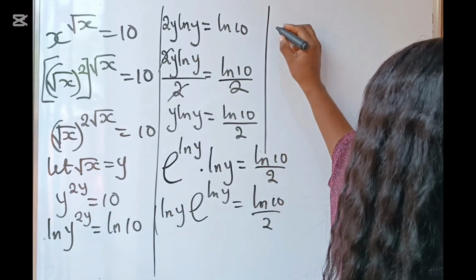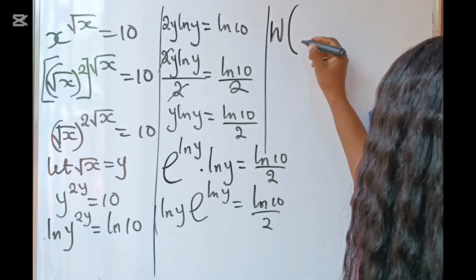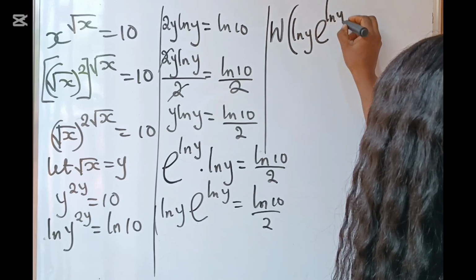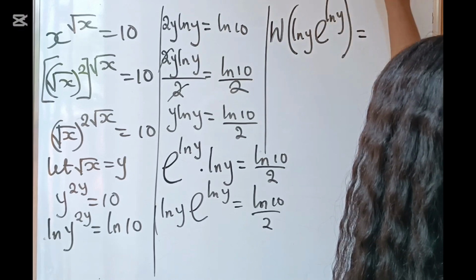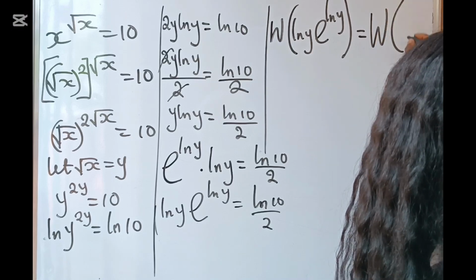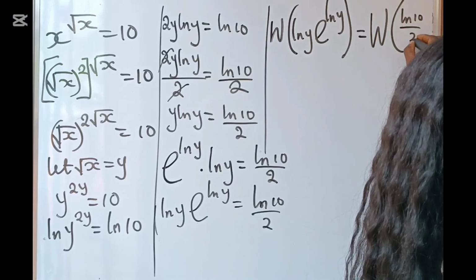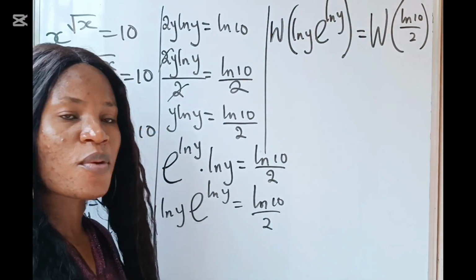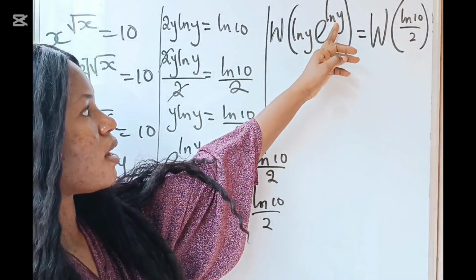So what do we do? We introduce the Lambert W function to have ln y multiplied by e to the power of ln y is equal to the Lambert W function of ln 10 divided by 2. You know the solution, right? Once you introduce this, the answer is ln y.